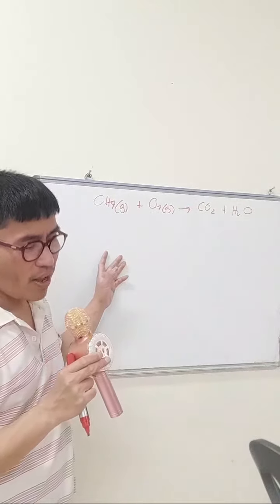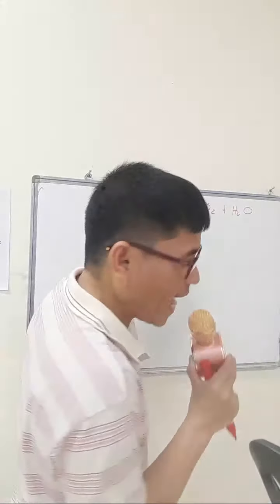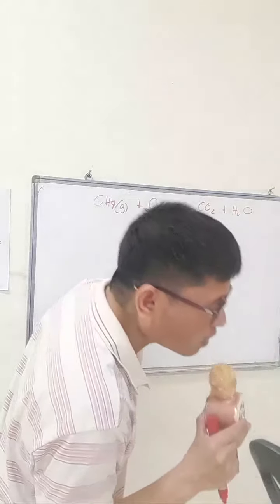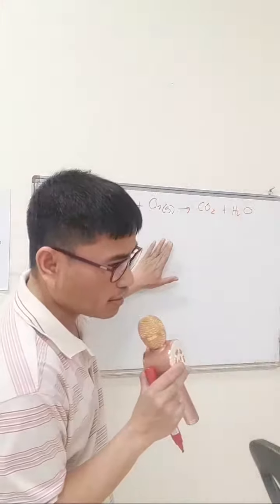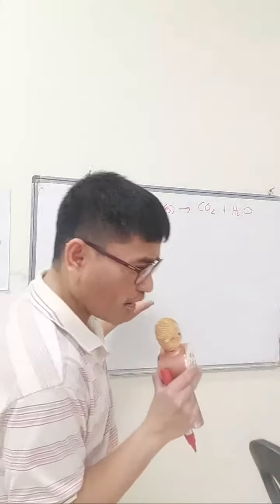You know Hess law? Hess law is the constant heat of summation, in which your enthalpy change for the reaction is equal to the changes of the heat involved in your total overall chemical reaction.